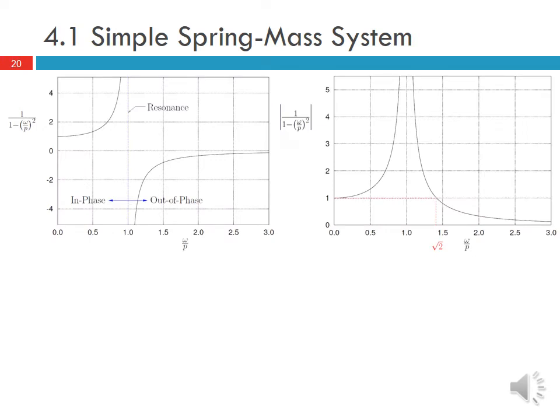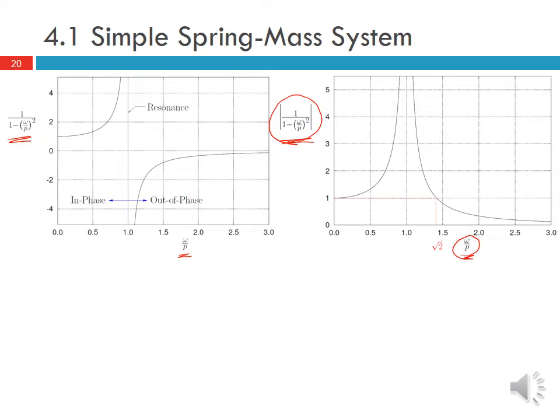If we plot this quantity, the absolute value of 1 over 1 minus omega over p squared, as a function of our ratio omega over p, we can see what happens to the amplitude of the response. This is the dynamic magnification factor as a function of the frequency ratio omega over p. It tells us how much the amplitude of the response changes as we change, for example, the forcing function frequency.